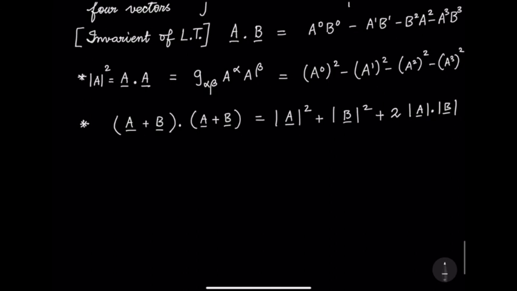Now if you look at this, this is a norm of a vector which is A plus B. This is invariant. These are also norms, so they are also invariant.